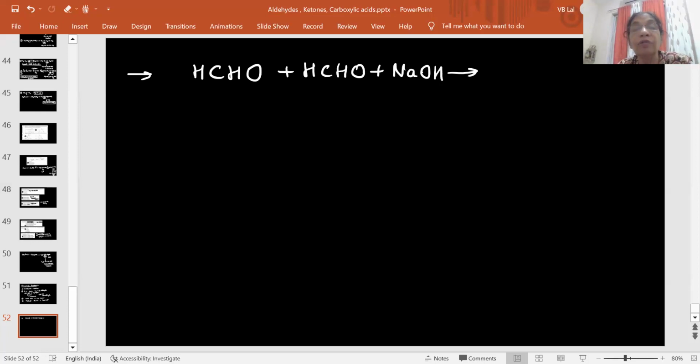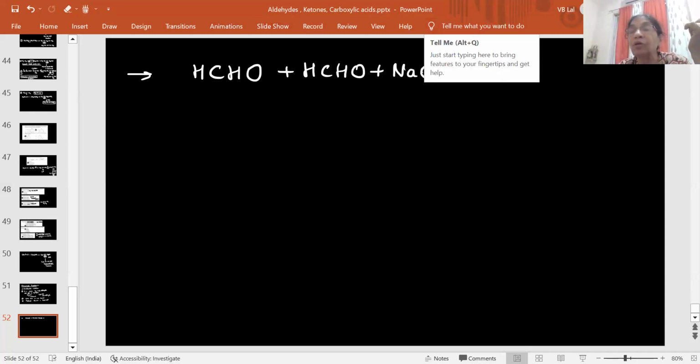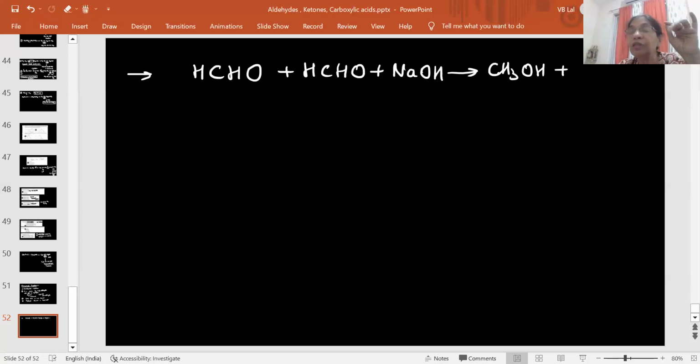An alcohol which is formed by reduction of formaldehyde. I have told you always aldehydes come in the middle. Above them are alcohols, below them are acids. So if my aldehyde is methanal, then which alcohol will it form? Methanol. So CH3OH. Alcohol with the same number of carbon atoms.